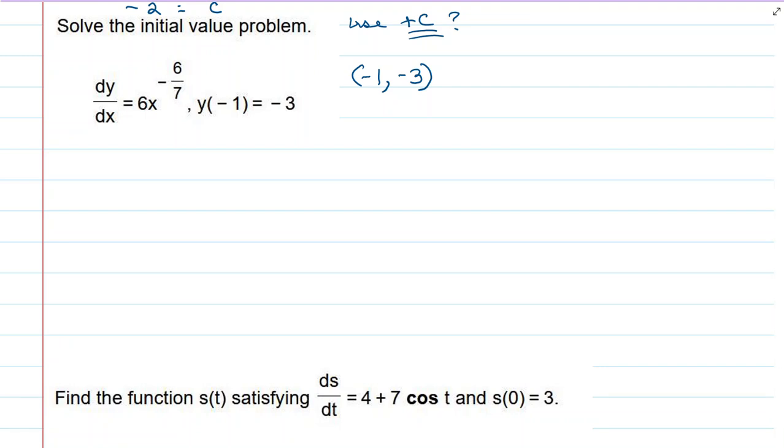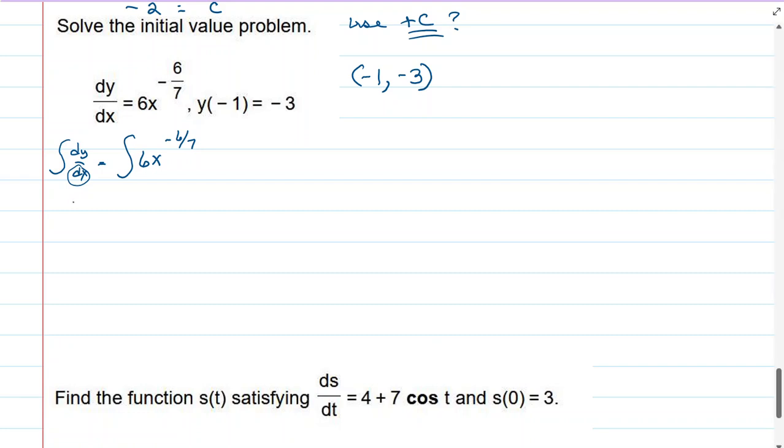So we're going to take the antiderivative. And what usually happens is the dx goes on the side. So I've been writing it this way, but the dx is on the other side by multiplication.